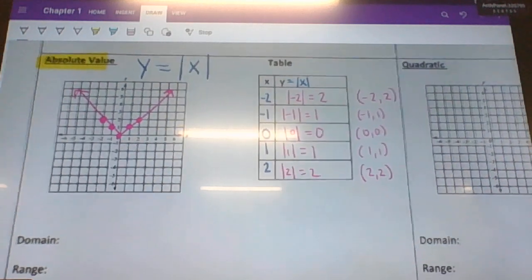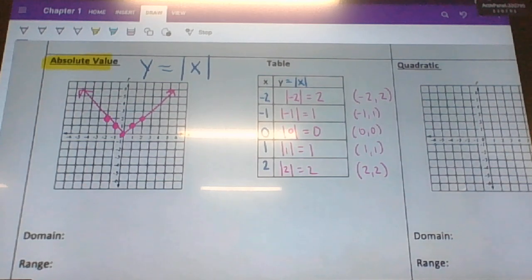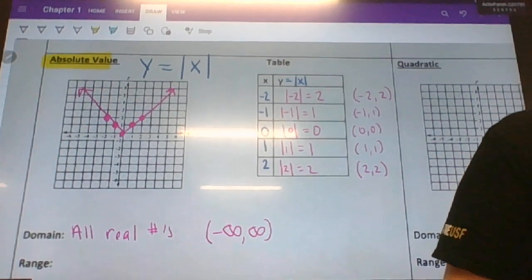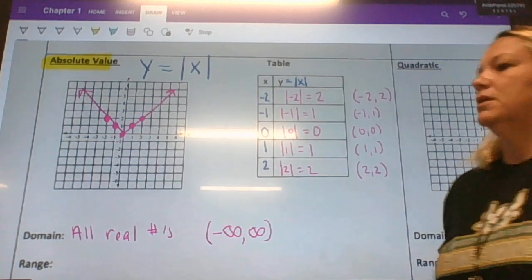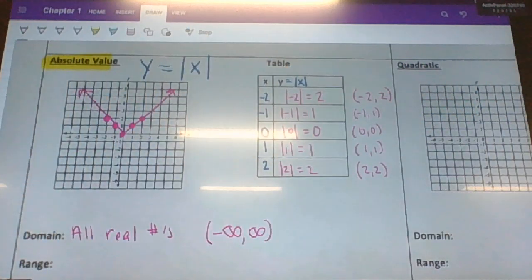Okay. Domain is the same. All real numbers. We're going to hit all the way from negative infinity up to infinity. Range is limited. Anybody feeling confident they can explain range?